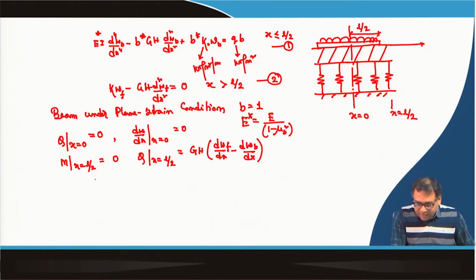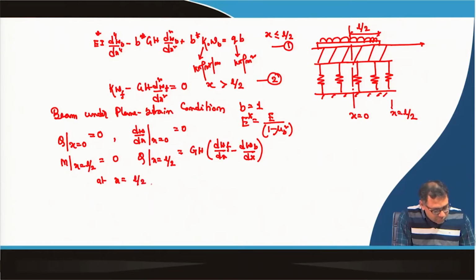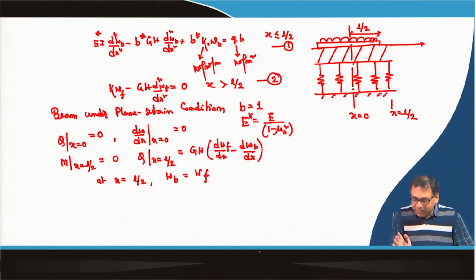So, these are the boundary conditions for equation number 1, and another boundary condition is that at x equal to L by 2, your WB will be equal to WF.